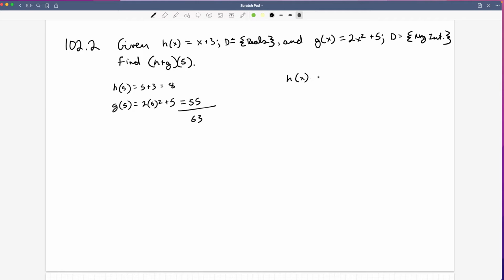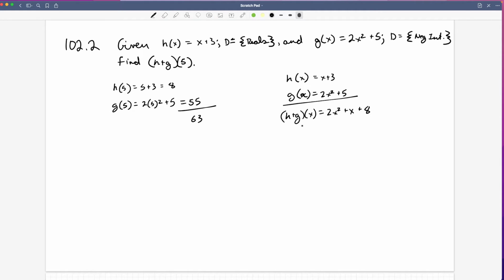h of x is equal to x plus 3, and g of x is equal to 2x squared plus 5. I get h plus g of x is equal to 2x squared plus x plus 8.